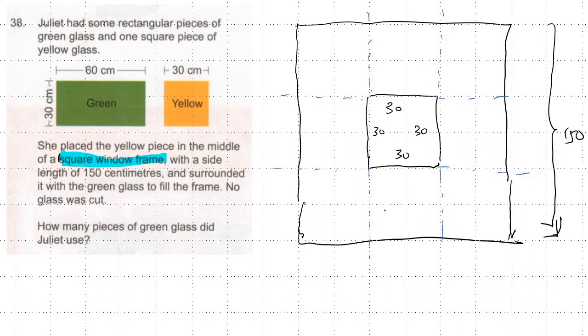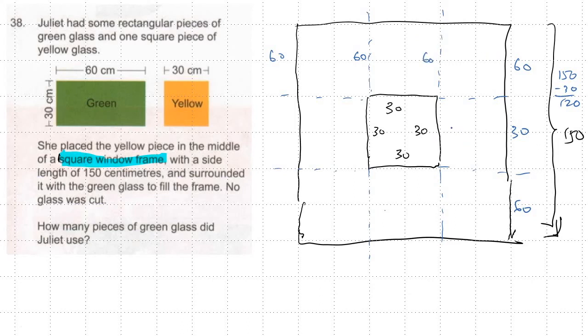Okay, so here, if this is 150, minus 30 will give me 120. 120 divided by 2, here is 60, and then here is 30, right? And then here is 60. Okay, so let me do all the labeling first. If here is 60, here is also 60, and here is 60, and here is 60, right? What about here?